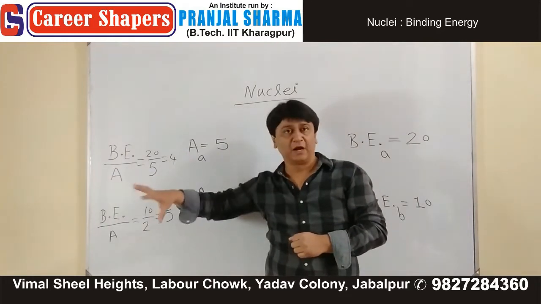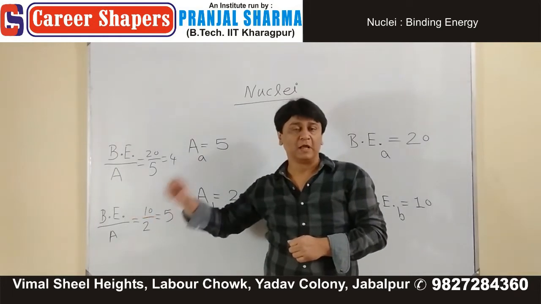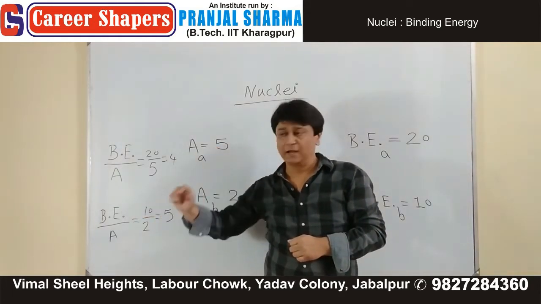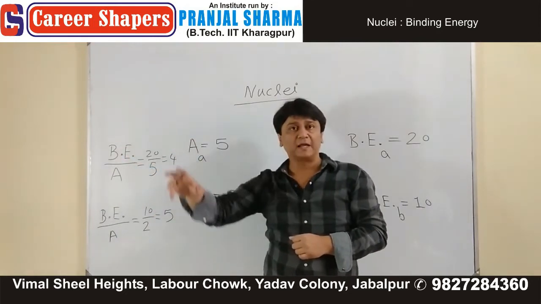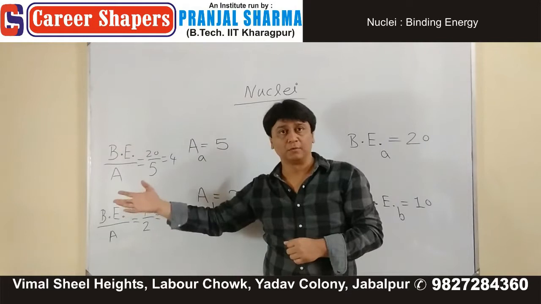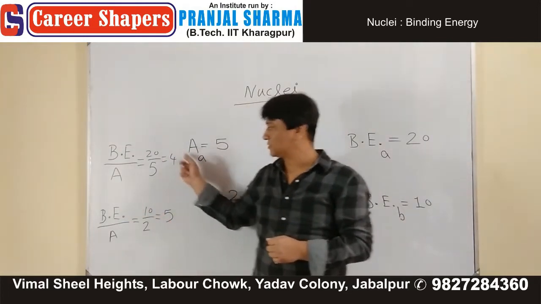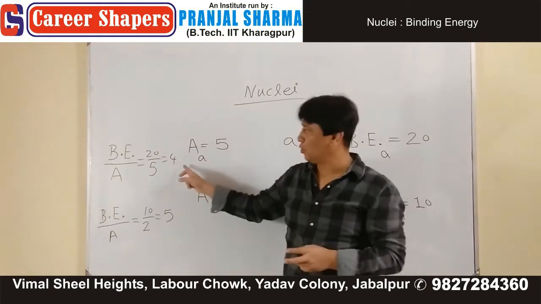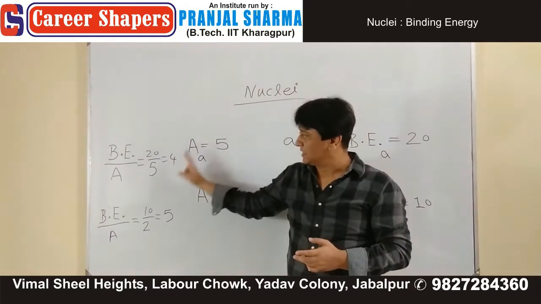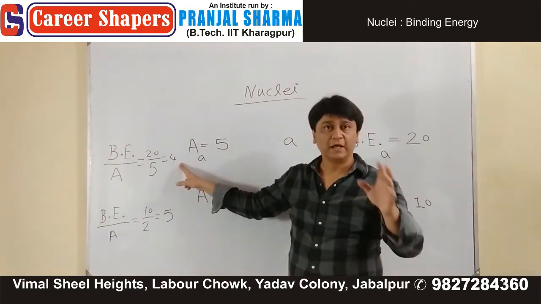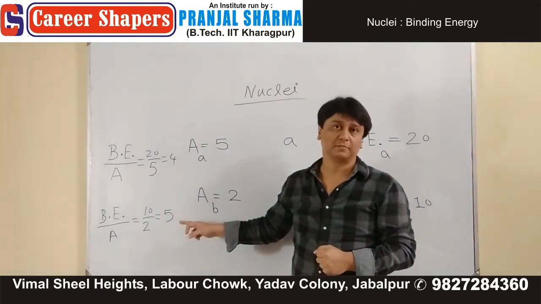Now this material demands what? If you give it 5 joules per nucleon, then you can extract 1 nucleon out. So if you can extract 1 nucleon by giving 5, and in this case you can extract the nucleon by giving only 4, that means what? This is less stable as compared to this.